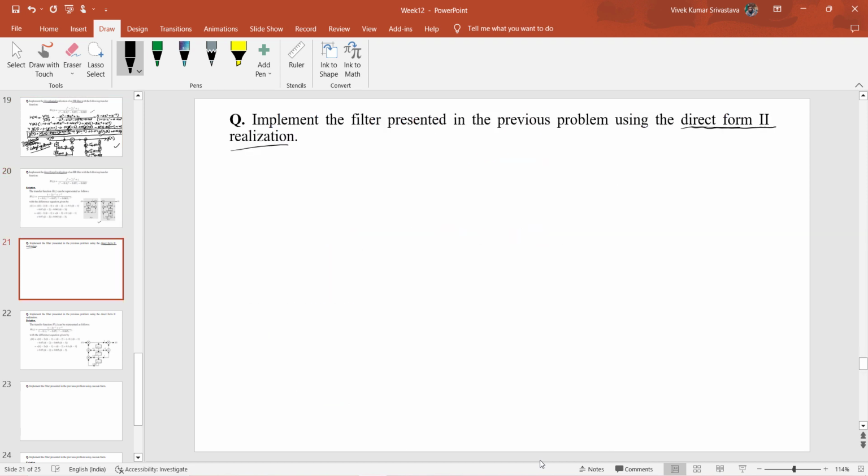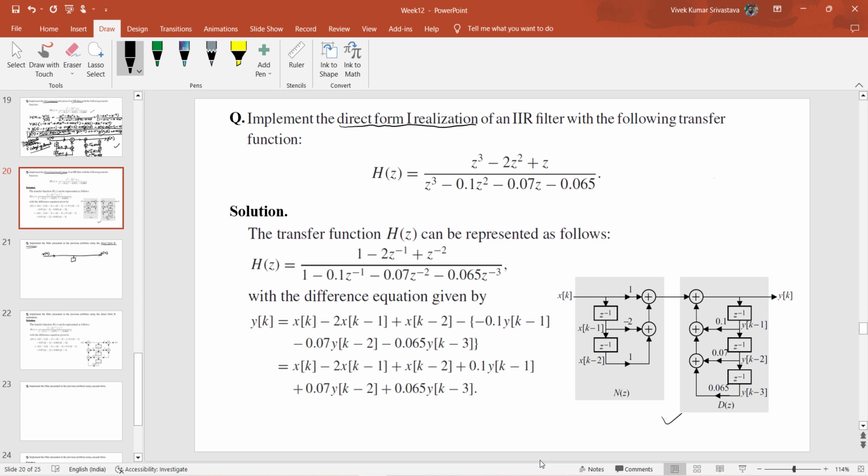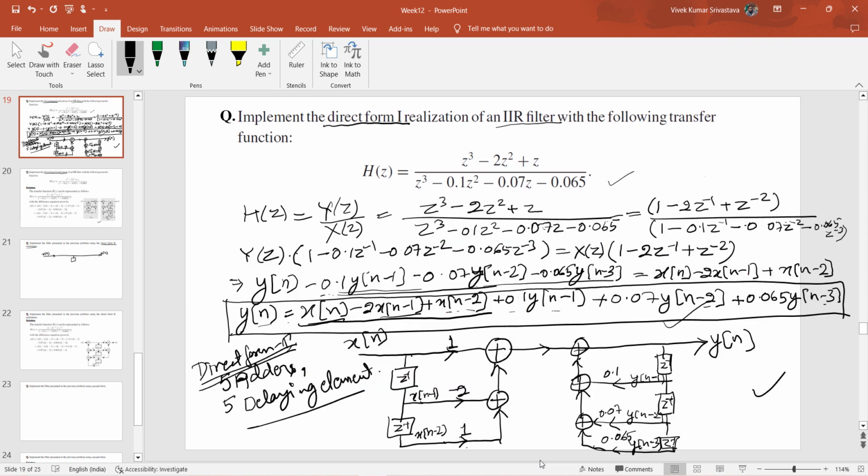Okay, so like, suppose this is x of n, and this is my y of n. So first of all, as we know that here x of n, x of n minus 1, x of n minus 2, that is two delays are there.